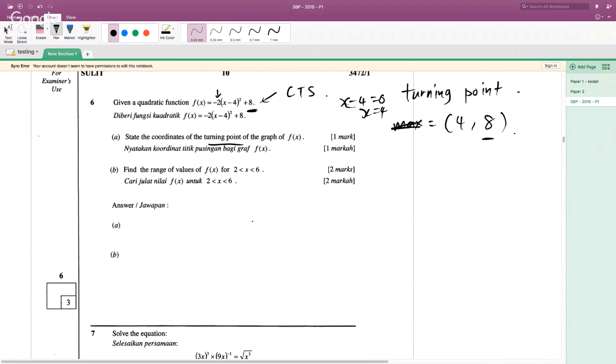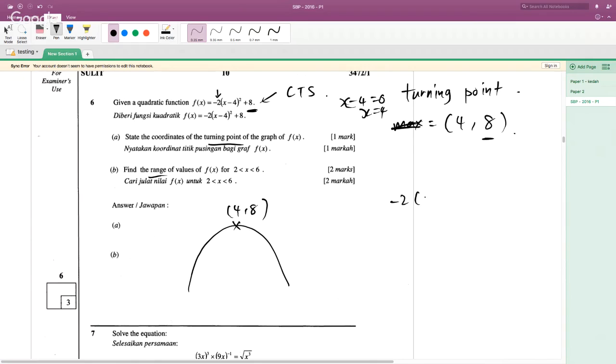So 2 to 6. What's the meaning of range first? Basically you will get a graph that looks like this. The turning point will be (4, 8). Then for the vertical intercept, let me make x equal to 0.